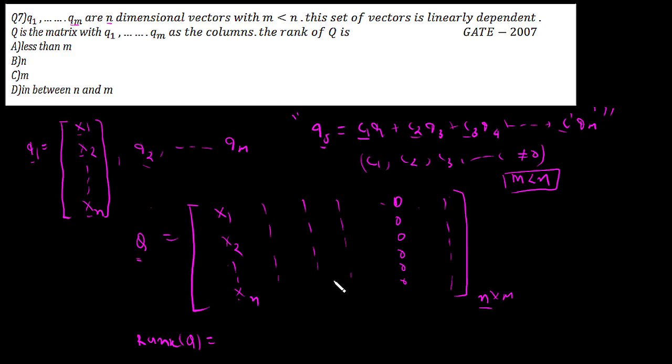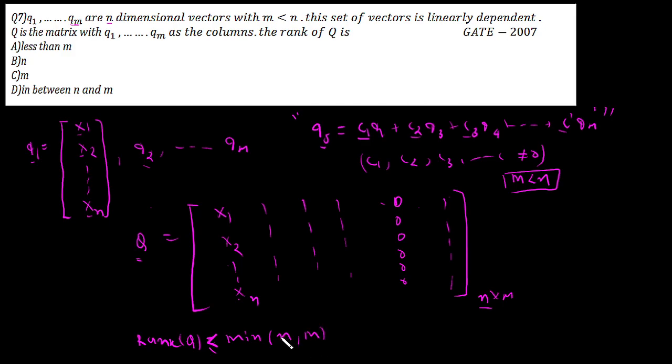So now at least I am sure that the rank must be less than the minimum dimension. First of all, we can say the condition about the rank of Q is that it must be less than or equal to the minimum of its dimensions. Here the dimension is n cross m.